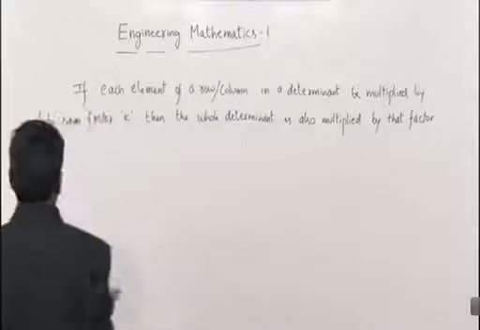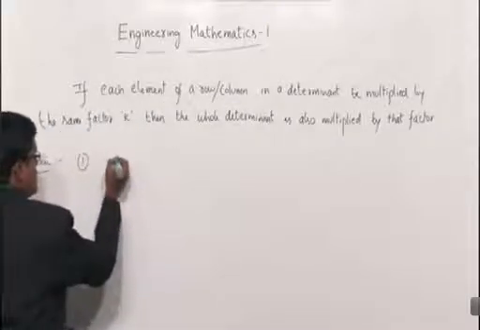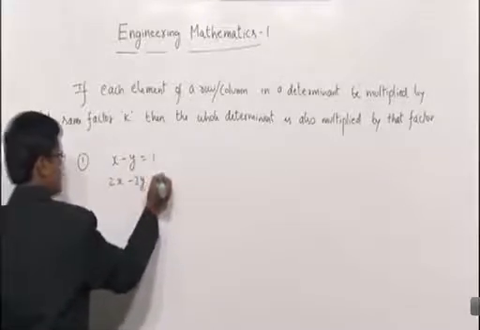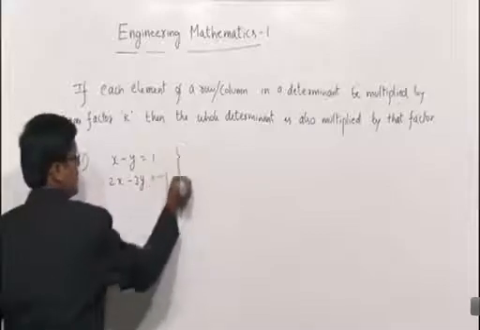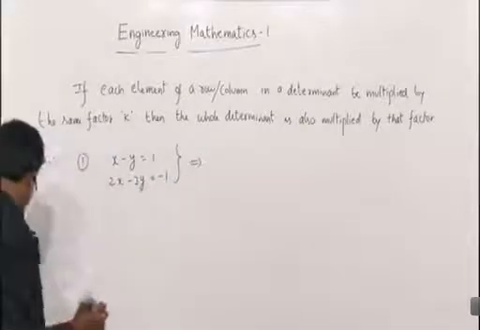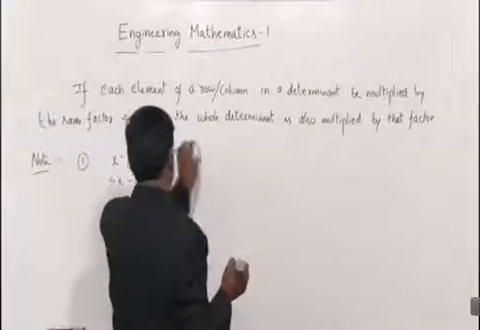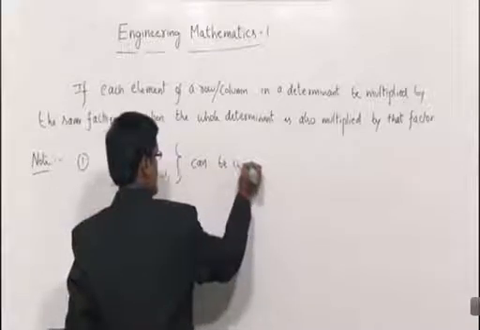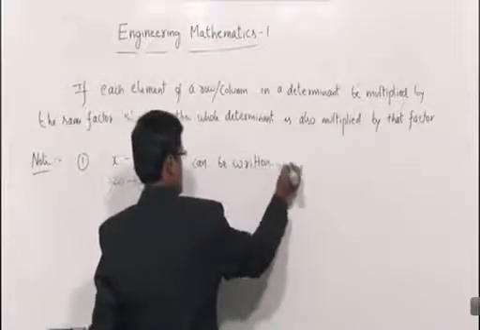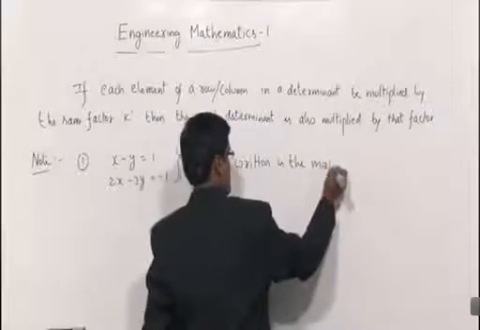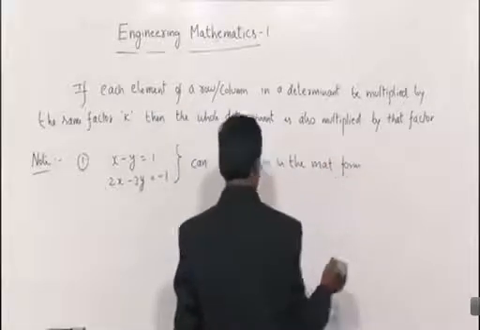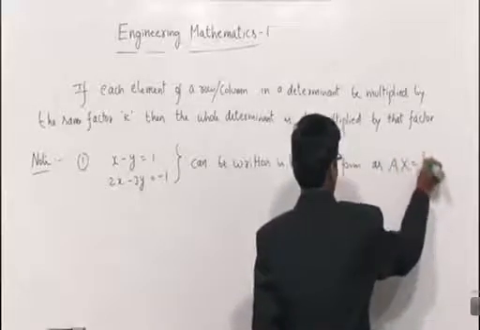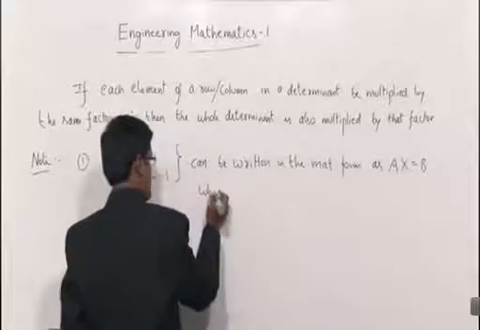Now here are two examples. x minus y is equal to 1, 2x minus 3y is equal to minus 1. These two can be written in matrix form as Ax is equal to B. What is A?